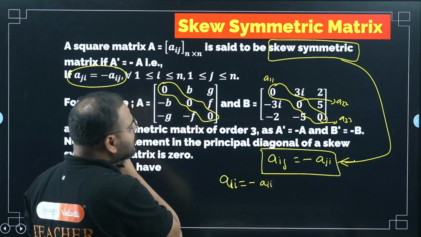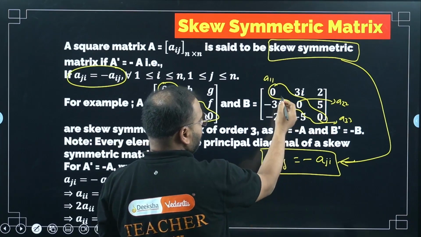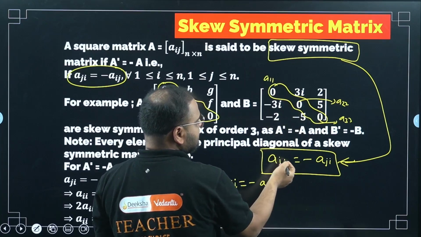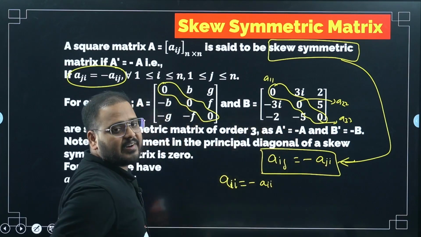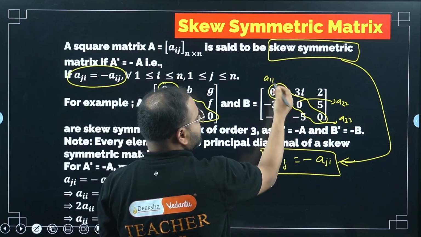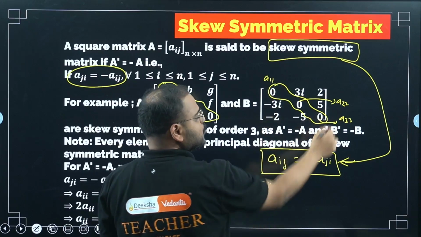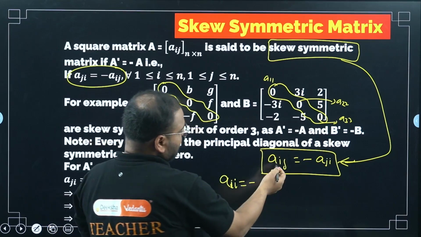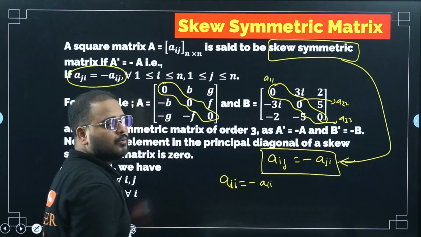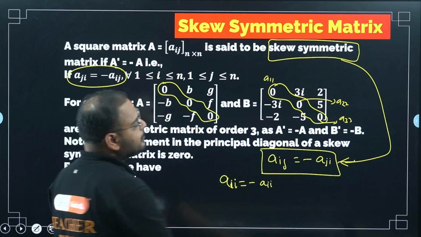How, sir? If I take 1 1, 2 2, it means i is the same as j. For a diagonal element in a square matrix, what happens to i and j? For 1 1, i and j are the same. For 2 2, i and j are the same. For 3 3, i and j are the same, right? So for that condition, I can write Aii equals minus of Aii. Why, sir? Because there is a minus sign here.